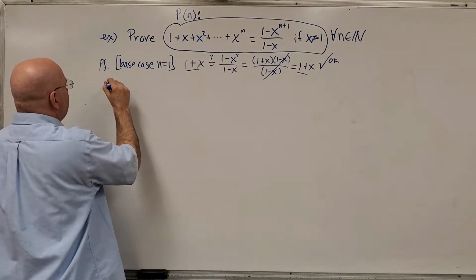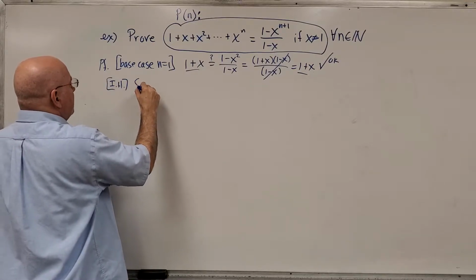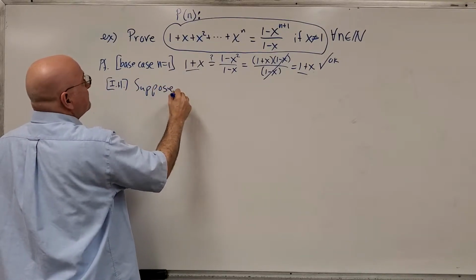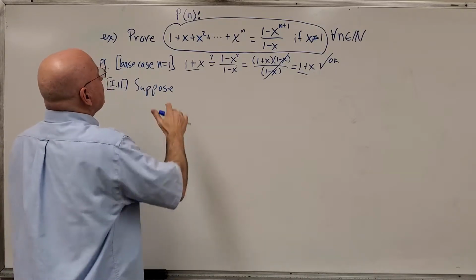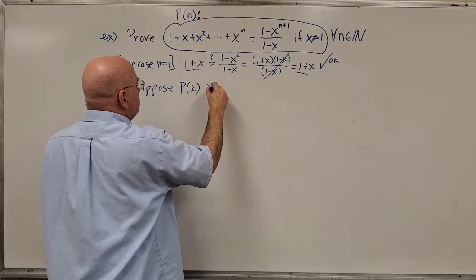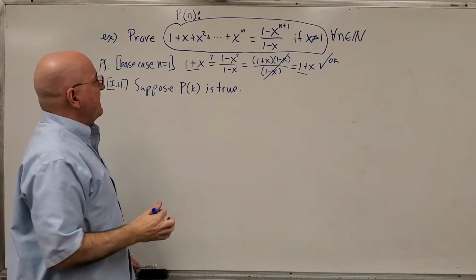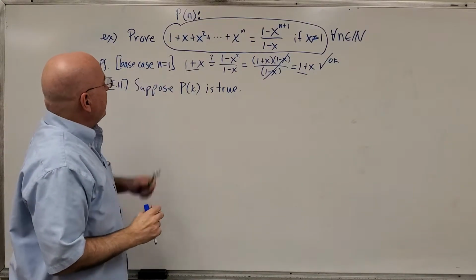Now for our inductive hypothesis, let's suppose that Pk is true. So that simply means that I replaced the n with the k.